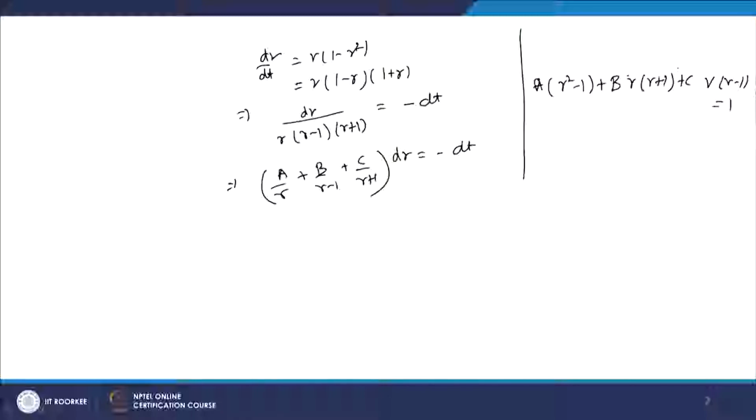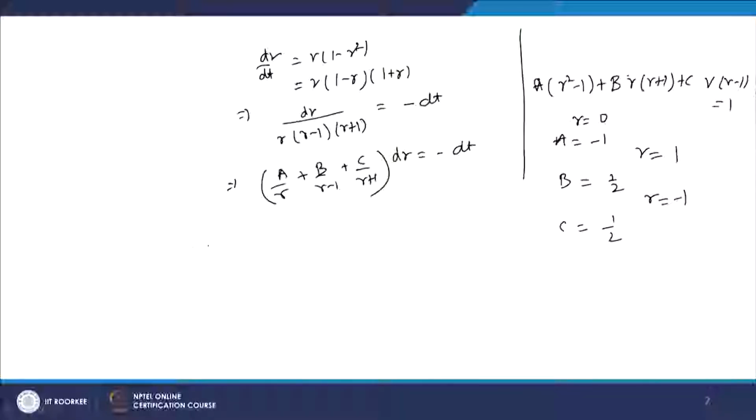This is nothing but the method which we have generally used in integration. So, here we can put r equal to 0 and get a equal to minus 1, put r equal to 1 and get b as 1 by 2, and similarly r equal to minus 1 gives c as 1 by 2.